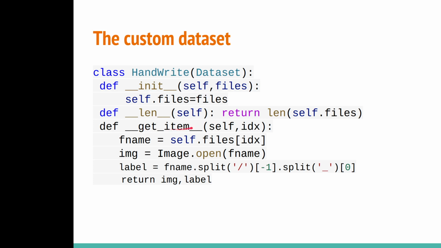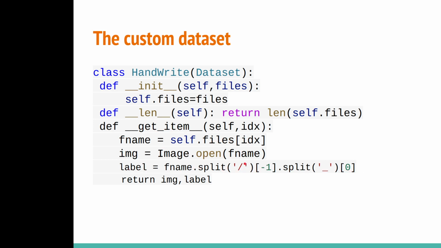And then we can implement a get item function. We just get the file name from the files array here, and then we can open and read it, so it will become our image object. And then we get a label by using this function.